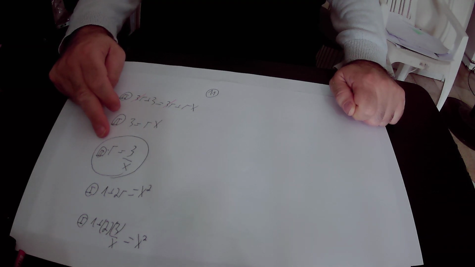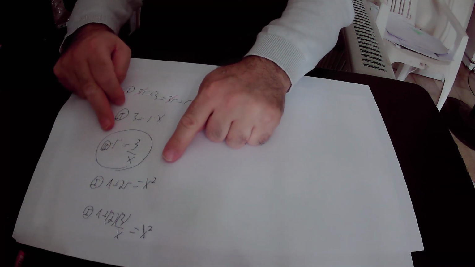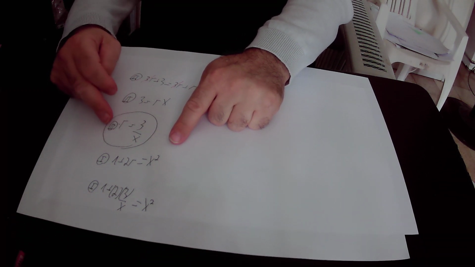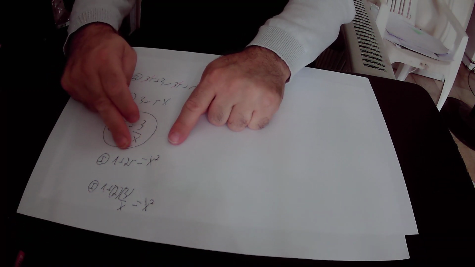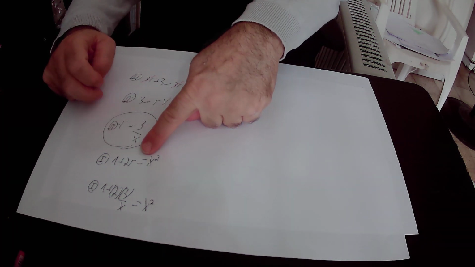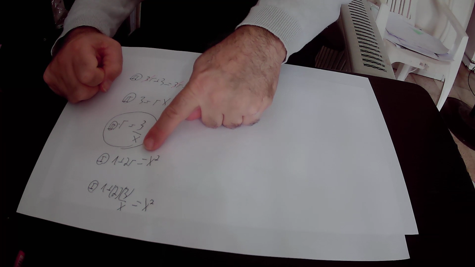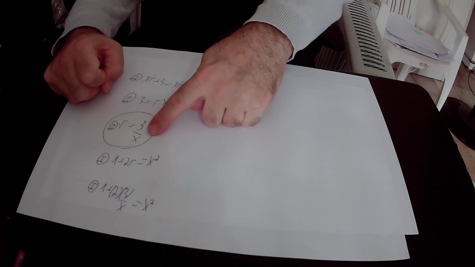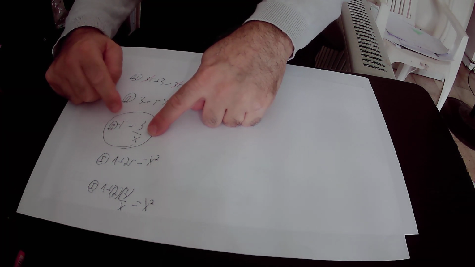But we have already found, according to equation number 1, that 1 plus 2R equals x squared. So we can substitute R in equation number 1 by 3 over x, which equals R according to equation number 2.